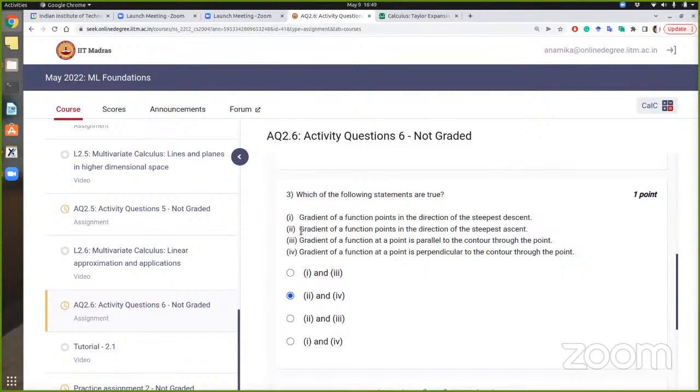You would have heard, and I also spoke about, gradient descent. Gradient descent is used to get the values of parameters that minimize a function. We compute the gradient of a function at a given point, and then we move in its negative direction. Why?